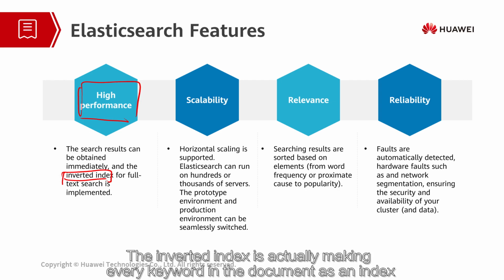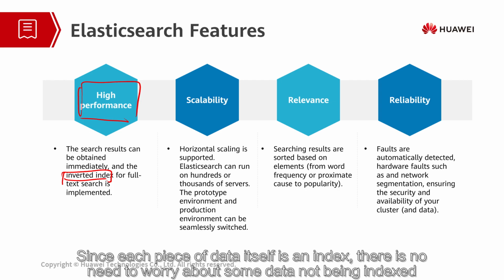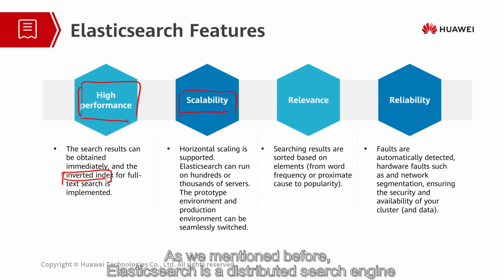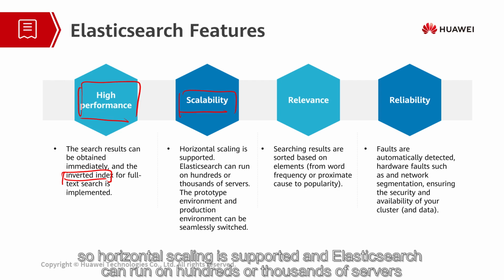The inverted index is actually making every keyword in the document as an index. Since each piece of data itself is an index, there is no need to worry about some data not being indexed. Secondly, scalability. As we mentioned before, Elasticsearch is a distributed search engine, so horizontal scaling is supported and Elasticsearch can run on hundreds or thousands of servers.